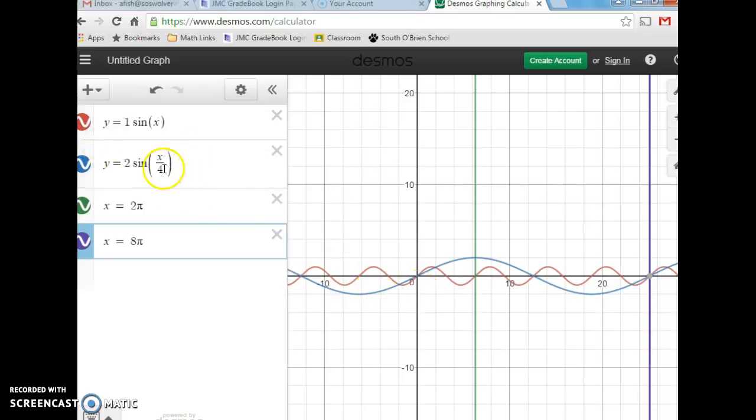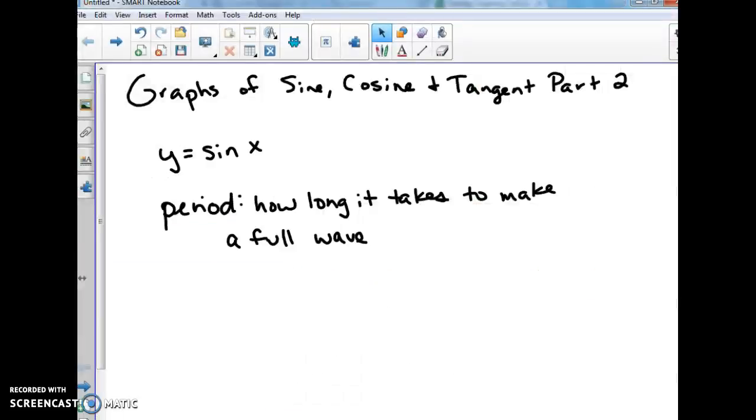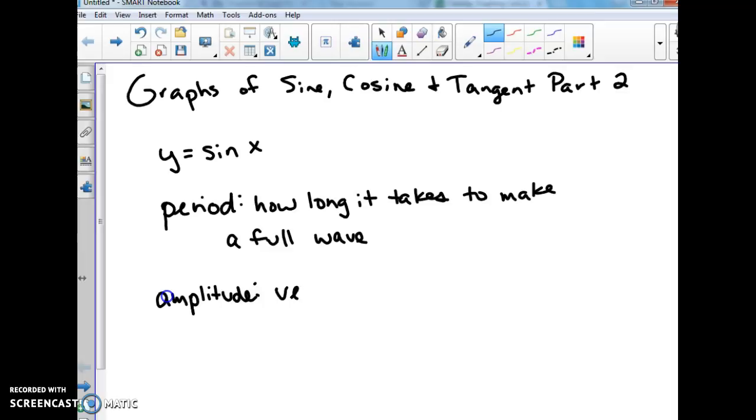So this got multiplied by 4, the bottom number, in order to give us our period length. Okay, so our amplitude determines the height. It's our vertical stretch.